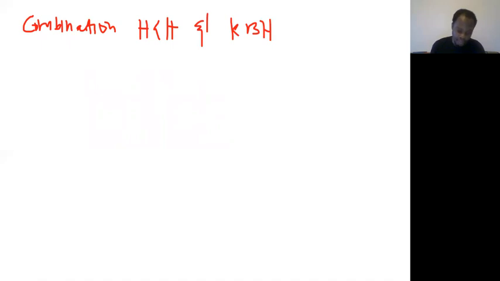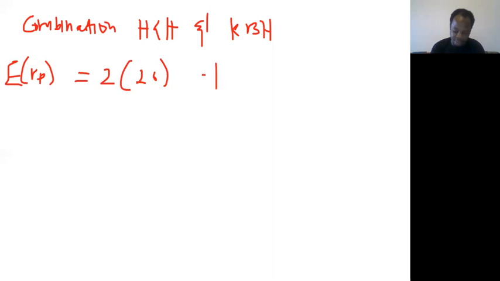So first of all, we can see that the expected return of this portfolio is equal to the weight of AGH, which is 2, multiplied by the expected return, which is 20, minus, because the weight of this one is negative, 1 multiplied by the 10. Then we have it as 30%.